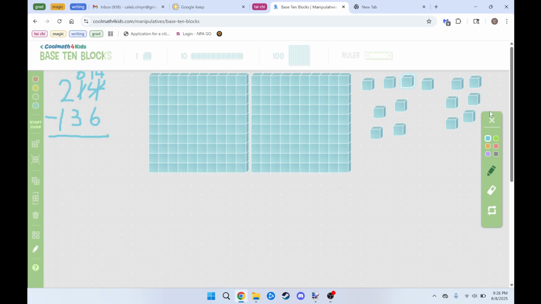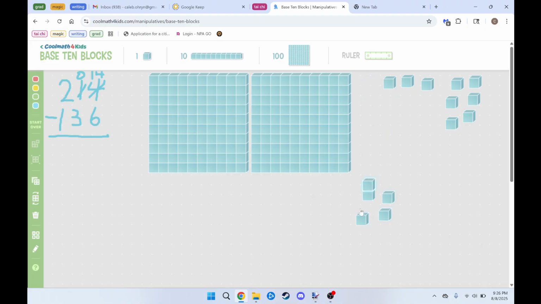Now, the math problem we're solving, the step we're solving, is 14 minus 6. And so notice now that 14 is larger than 6, and we do know how to solve this quite conveniently. So we'll remove 6 blocks from our 14 ones. 1, 2, 3, 4, 5, 6.